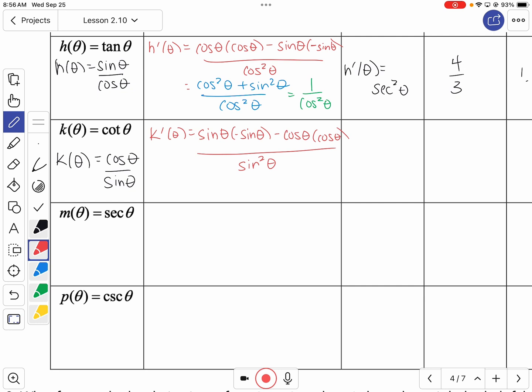Okay, and so that's going to leave me with a negative sine squared minus a cosine squared all over a sine squared. And we're close.